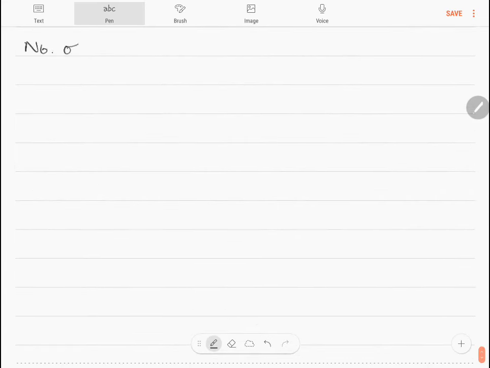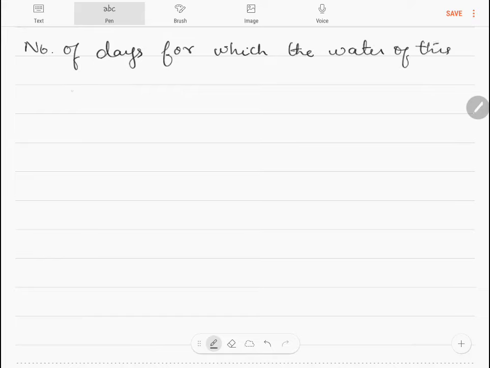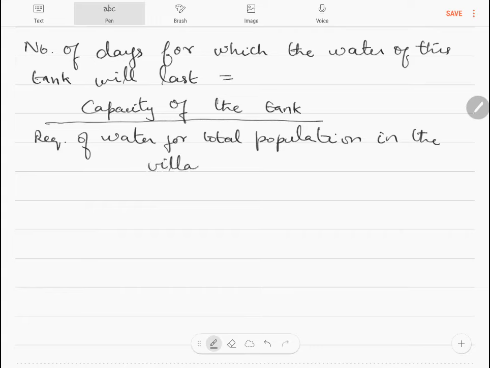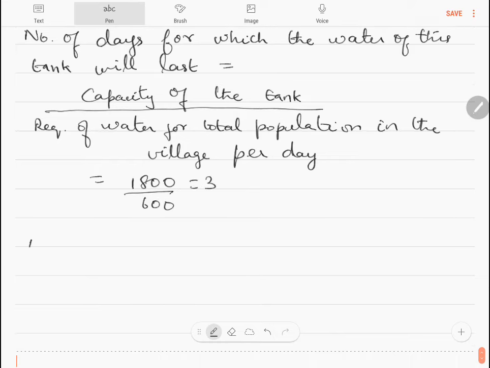Now, the number of days for which the water of this tank will last is nothing but the whole capacity of the tank divided by the requirement of water for total population in the village per day, which is equal to what we have found out, 1800 by 600, which is equal to 3.